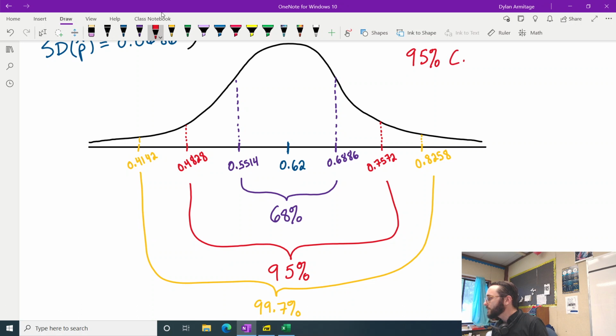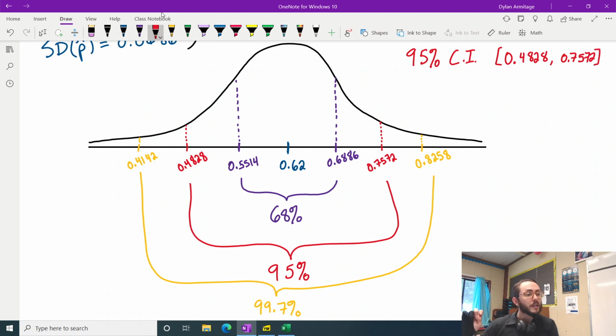So our 95% confidence interval would be between 0.4828 and 0.7572.